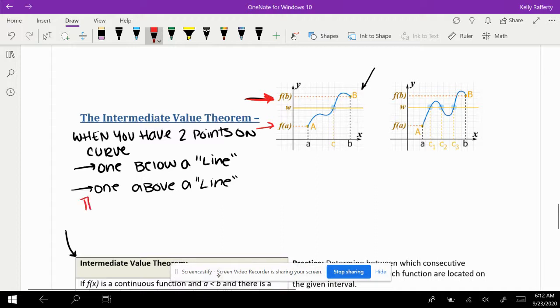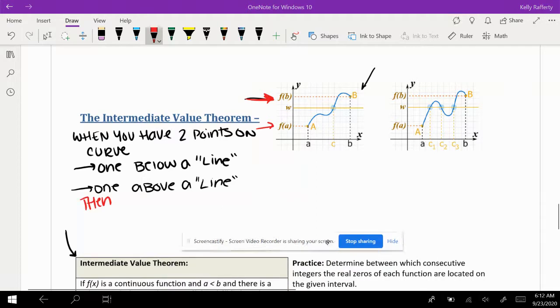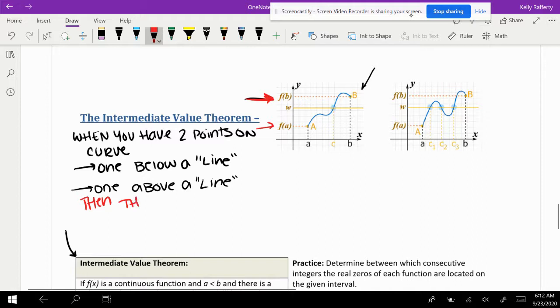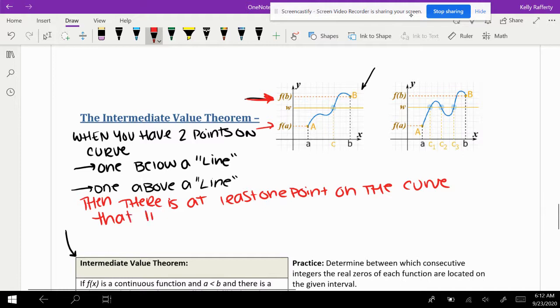Then we say there is at least 1 point on the curve that lies on a value between those lines.